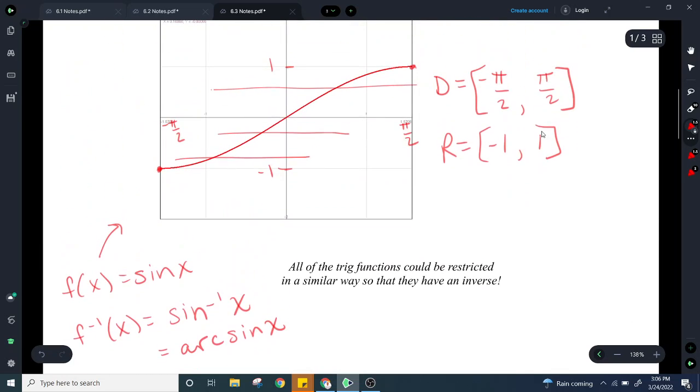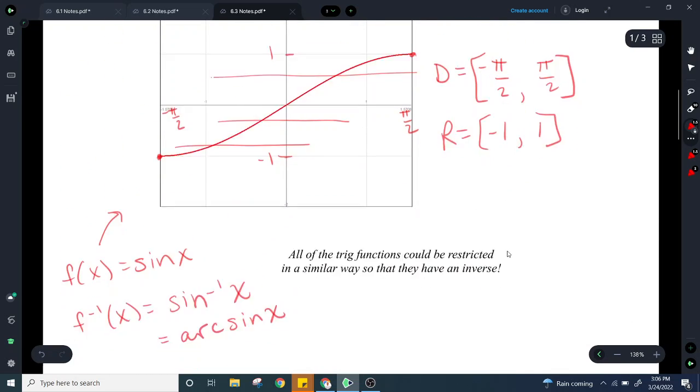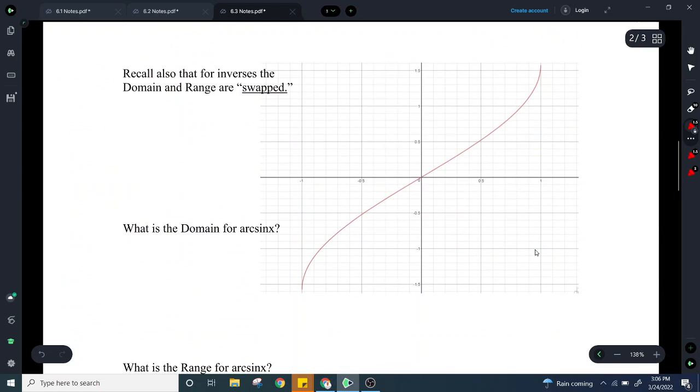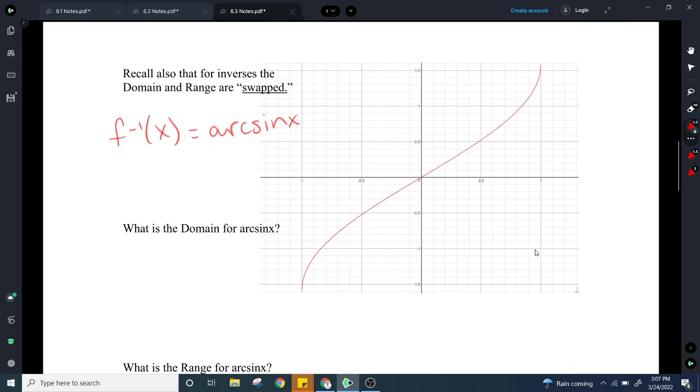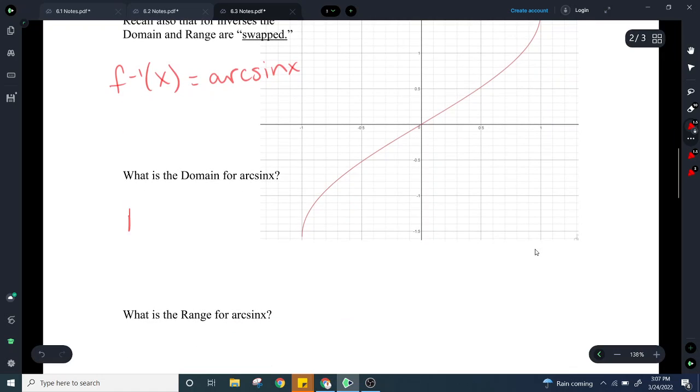So if that's the domain and range for the sine function, then here is the domain and range for the inverse sine function. I've called it arcsine here, so I'm going to use that notation. Here's the graph of arcsine, and notice that the domain and range are swapped. The domain this time is going to be from -1 to 1, and the range is going to be from negative pi over 2 to positive pi over 2.